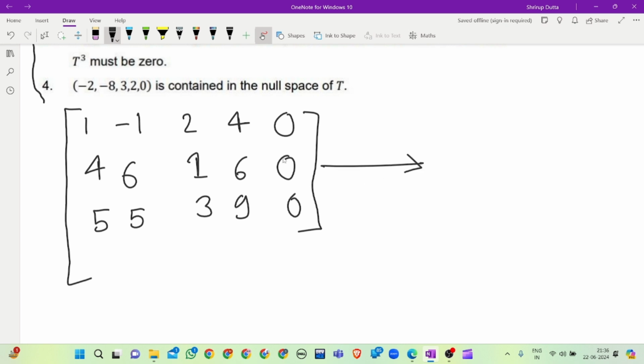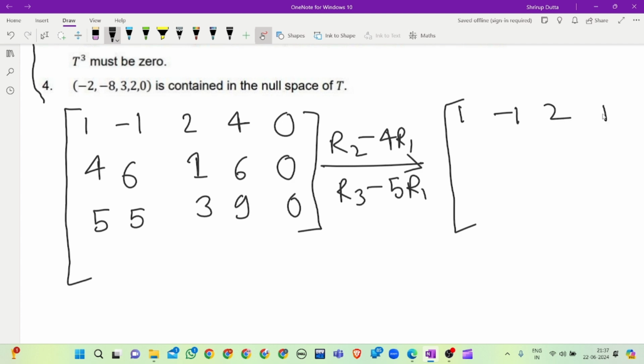If we take the row operations R2 minus 4R1 and R3 minus 5R1, we get 1, -1, 2, 4, 0. This row doesn't change. We have 0, 10, -7, -10, 0 and 0, 10, -7, -11, 0.